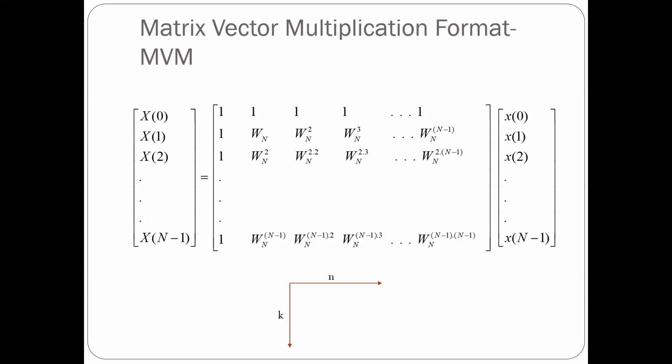So it is essentially a number processing algorithm. This gives you an indication that x of 0, x of 1, up to x of N minus 1 can be complex numbers. So there is no restriction to the input signal being real. It is not essential that the input signal is a real valued signal.